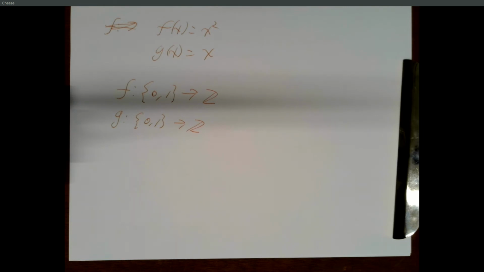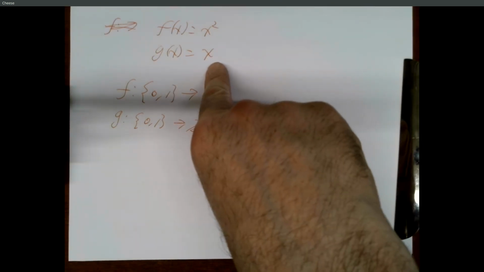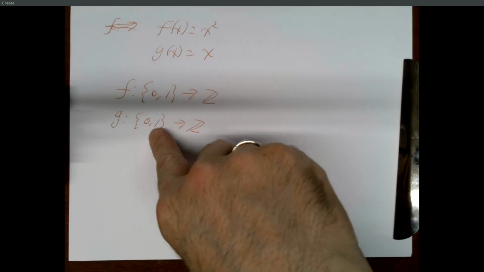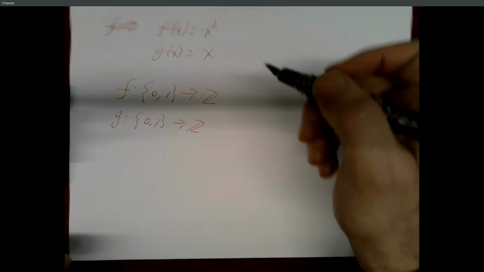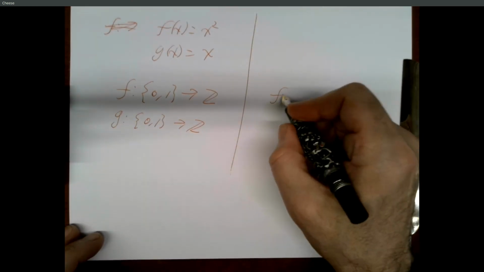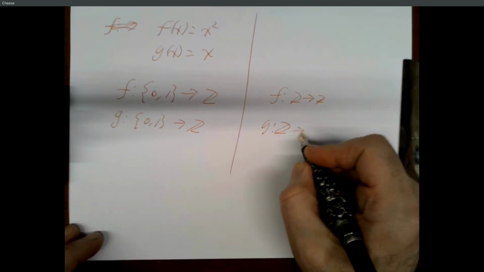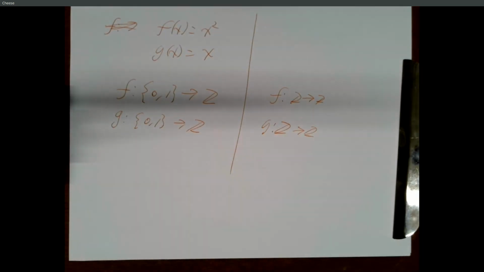Because f of 0 is 0, f of 1 is 1, g of 0 is 0, g of 1 is 1. So with this domain, f and g are equal, but clearly, if I defined f to go from Z to Z, and g to go from Z to Z, these are not the same function because f of 2 is 4 and g of 2 is 2. f of 10 is 100, g of 10 is 10. So the domain and codomain always come into play.